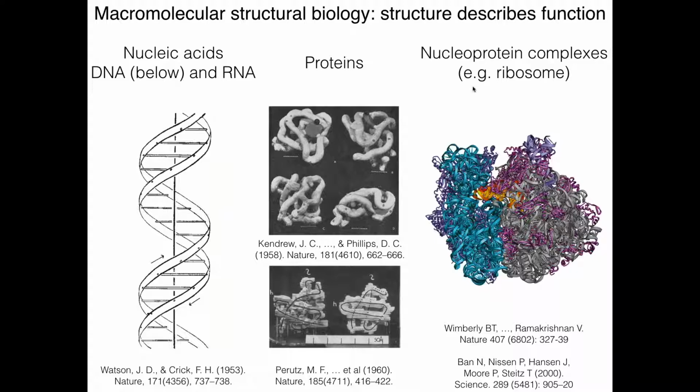This is the prokaryotic ribosome solved by Venki Ramakrishnan, and of course it's the quintessential example of a large, complicated, heterogeneous, and very dynamic macromolecular machine. So we're interested in understanding how such machines work, and the simplest way to understand that is to look at them, to understand their underlying structure.